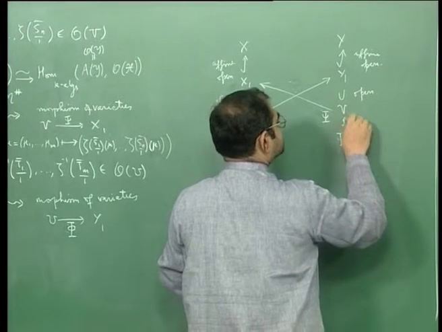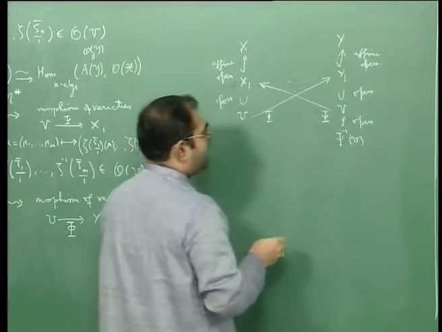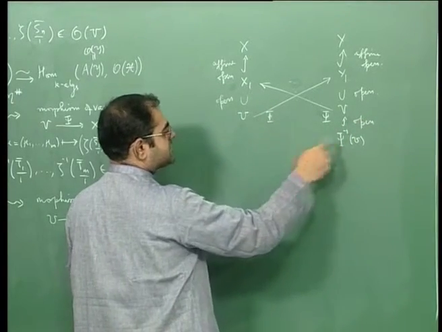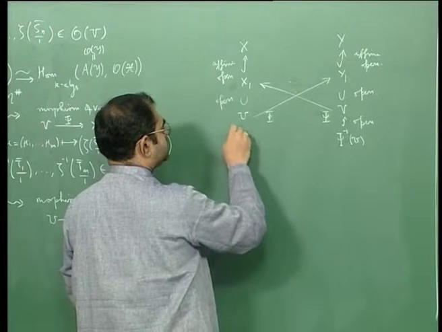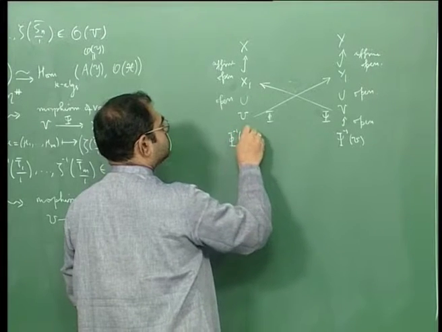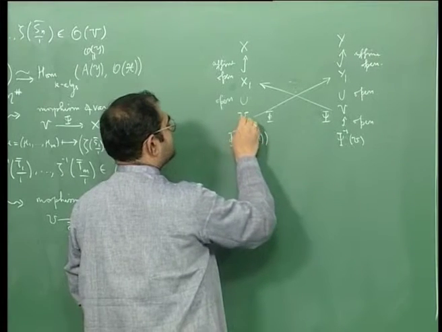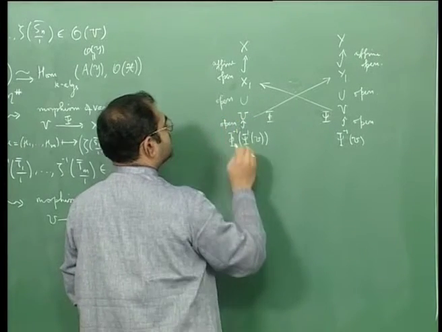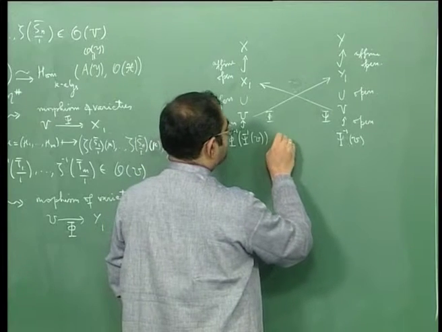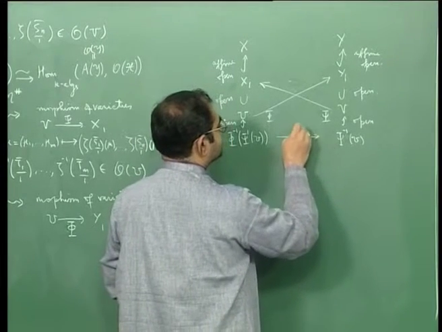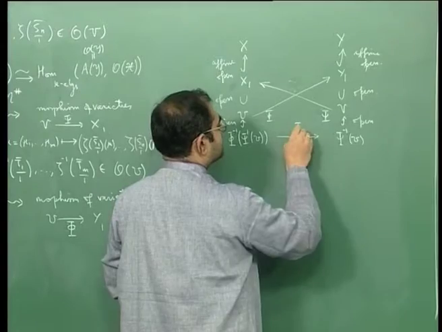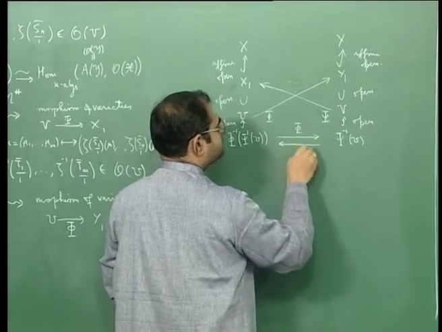This is an open subset of this, and then here I take phi inverse of C inverse of u, that here is an open subset, and the fact is that phi will carry this into this and psi will carry this into this.